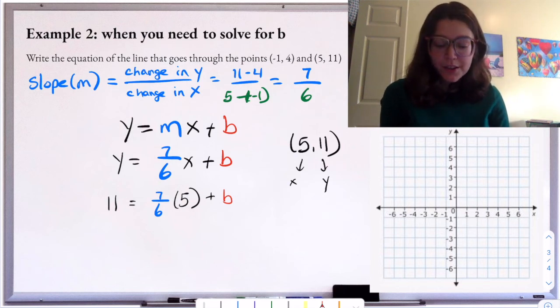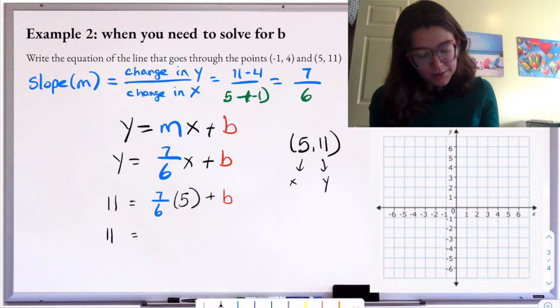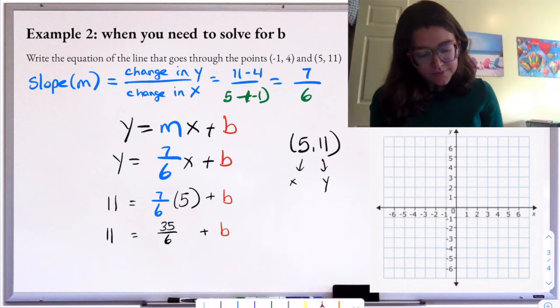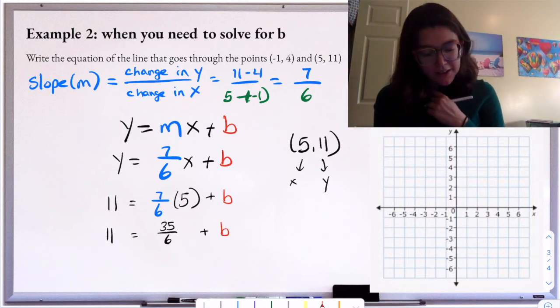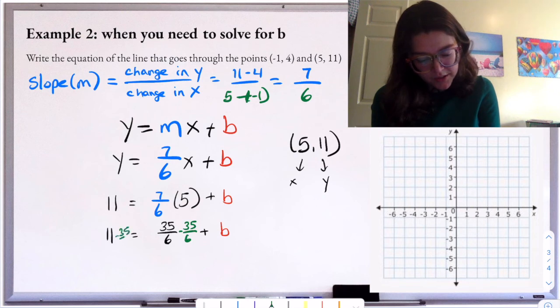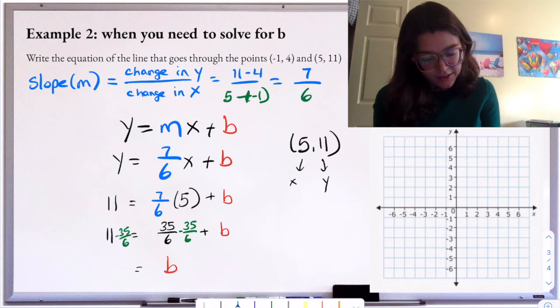What is my y-intercept? 7/6 times 5 is 35/6. Right? And then I'm adding b. I need to get b by itself, so I'm going to undo adding 35/6 by subtracting 35/6 from both sides. And here I will get just b on the right hand side, as that will cancel away.